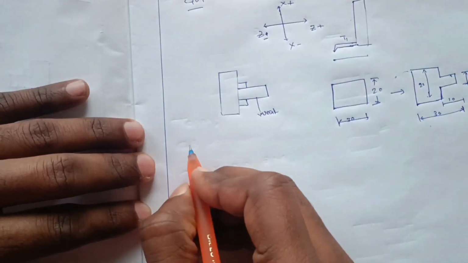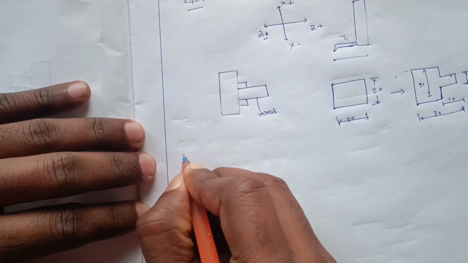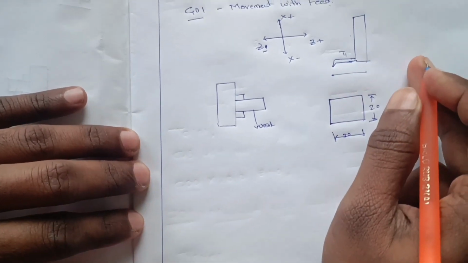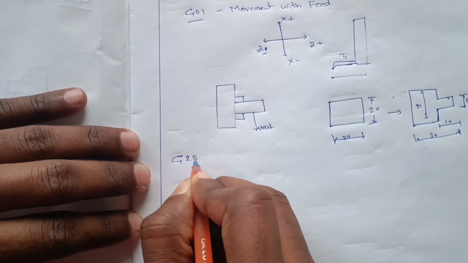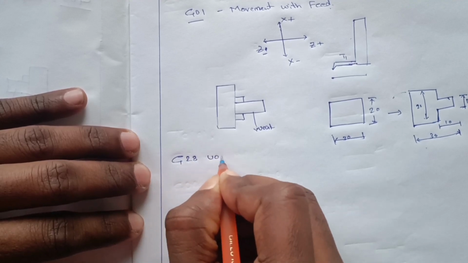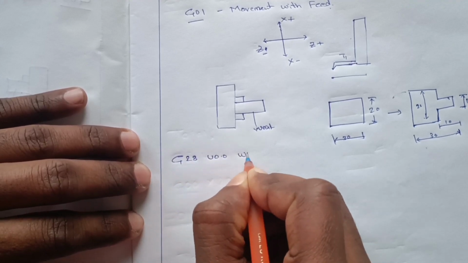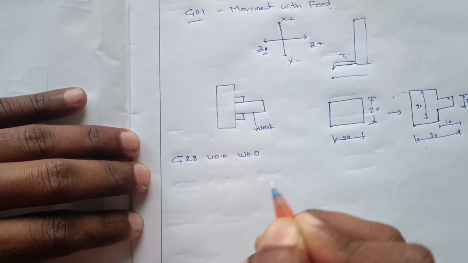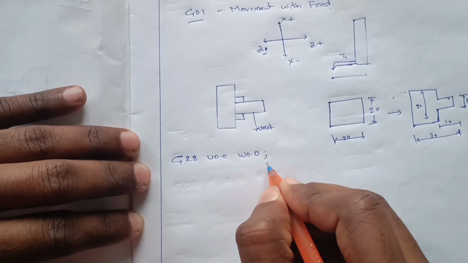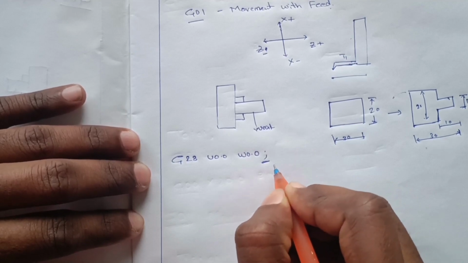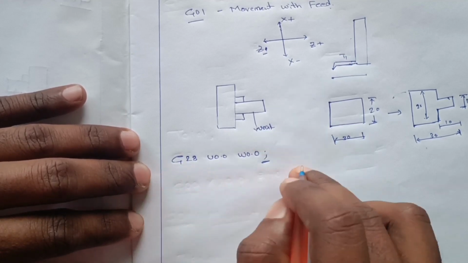First, the turret needs to be in the home position, so we write G28 U0.0 W0.0. Then end of block, which is necessary in the program. It means the line has ended there.